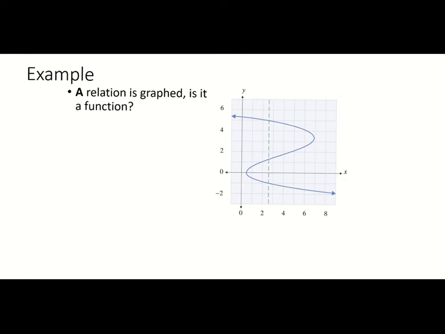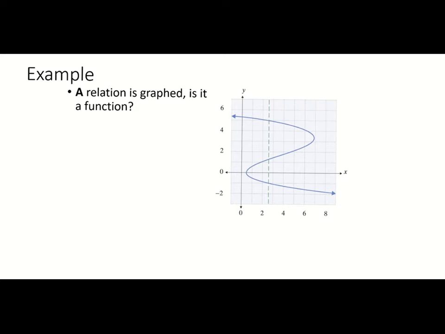Okay, so here we have another graph, and we're looking, is this relation a function? So again, take your pencil, hold it straight up and down, like sit it on your desk. So that's vertical. And then I want you to take it and lay it on your graph. And you're not looking at the thickness of the pencil, but the leading edge. As you drag it across the graph from left to right, like you read a page in a book, I want you to look, does that pencil ever touch more than one part of the graph at a time?